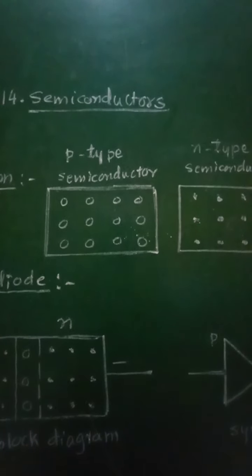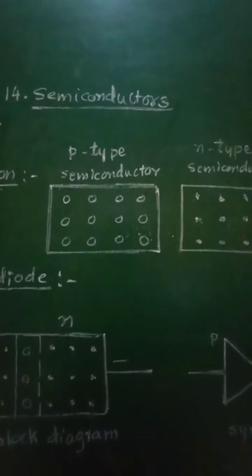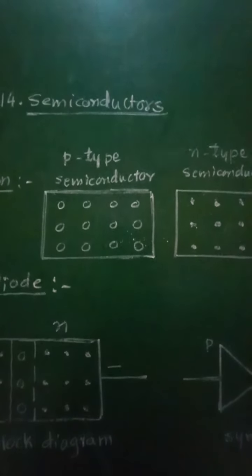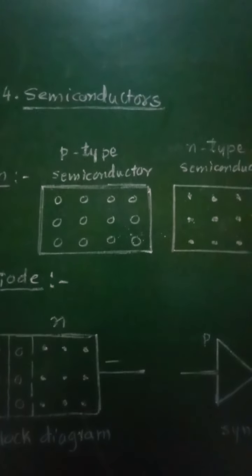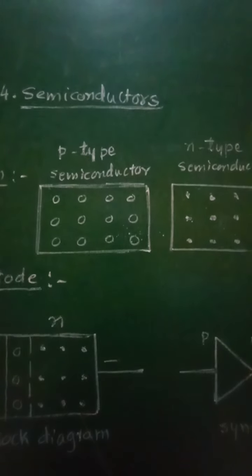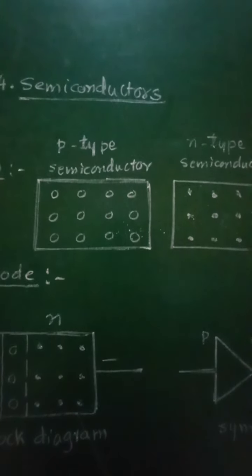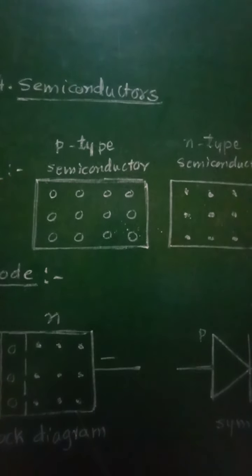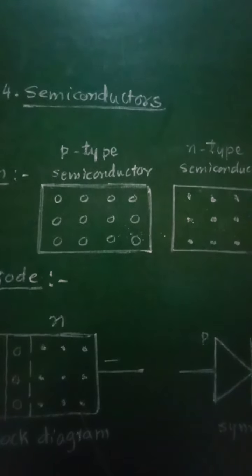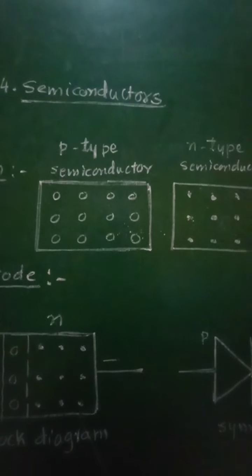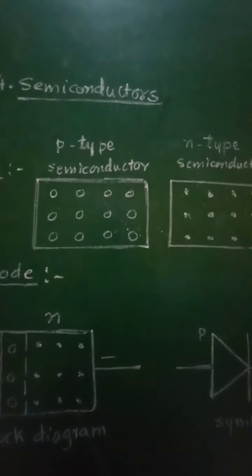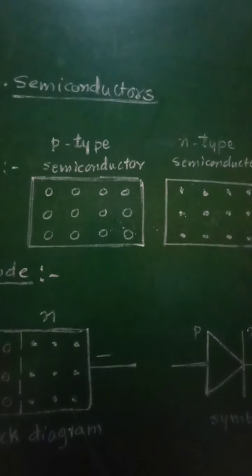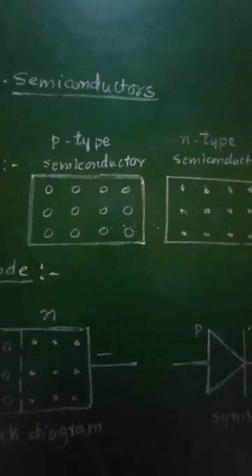During the formation of this depletion region, the p region accumulates electrons and the n region accumulates the holes. The accumulation of charges across the junction results in the formation of a potential barrier.